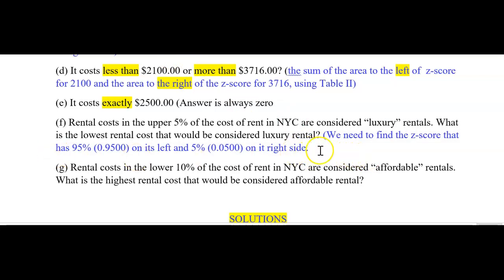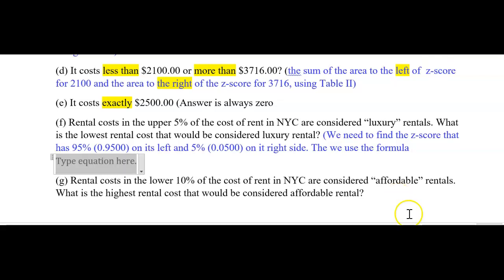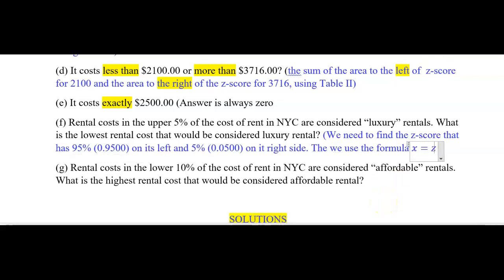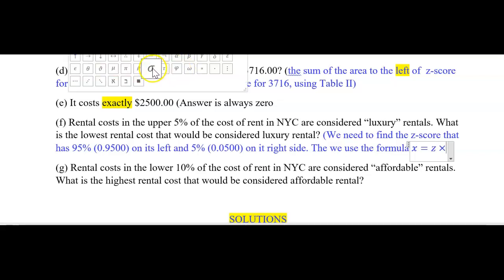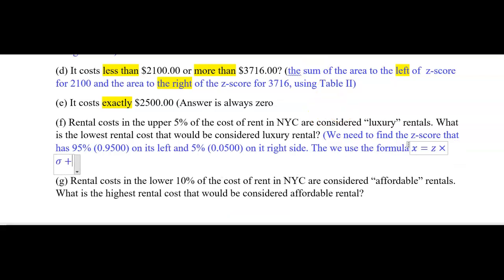Right, so once we find that, we use the formula x is equal to the z-score that we found times the standard deviation plus the mean, to find x, and that's going to be our answer. Because this is asking us about rental, x represents rental.